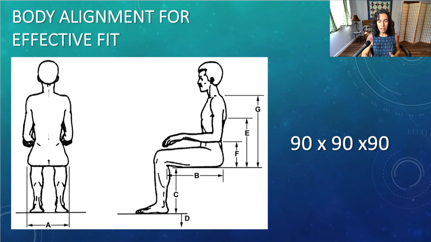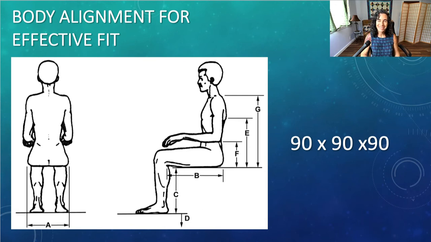That's the G on this drawing. There's a 90-degree angle from the knees to the hips, and then another 90-degree angle from the ankle to the foot. So we want this nice geometric shape, and then we go from there in terms of what's realistic for the individual.